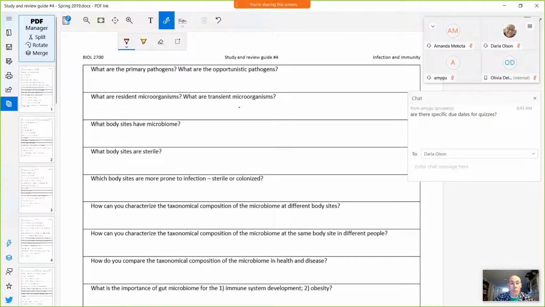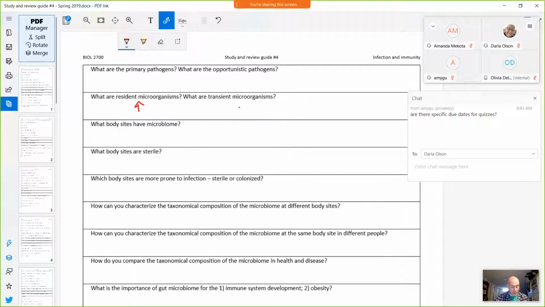Opportunistic is the one that takes an opportunity. So things like Pseudomonas or Staphylococcus aureus, they're usually not really primary pathogens but can cause the disease in immunocompromised patients. Resident microorganisms are normally found, transient microorganisms are just passing through.